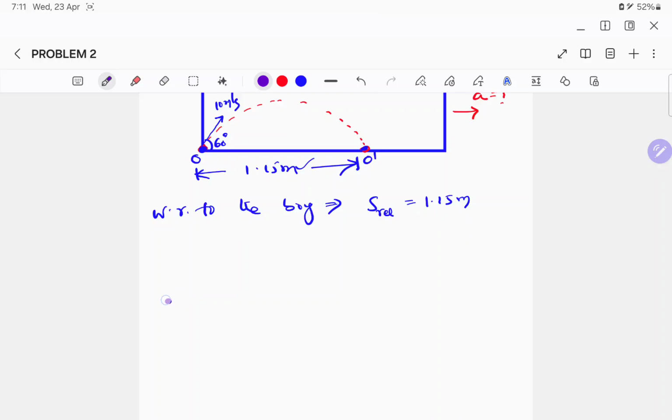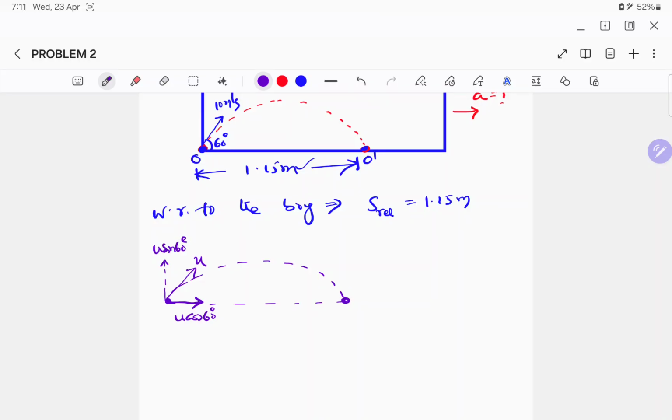Suppose this is the projectile, which goes in a parabolic path and lands somewhere here. As we all know, this will be the cos component of the initial speed, that is u cos 60, and this will be u sin 60.